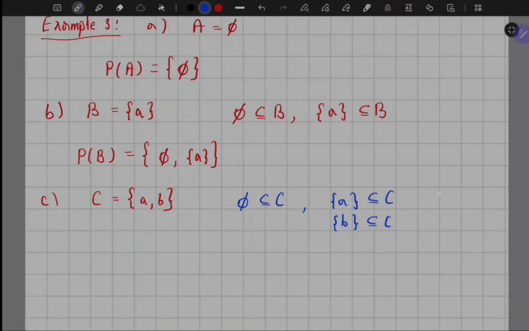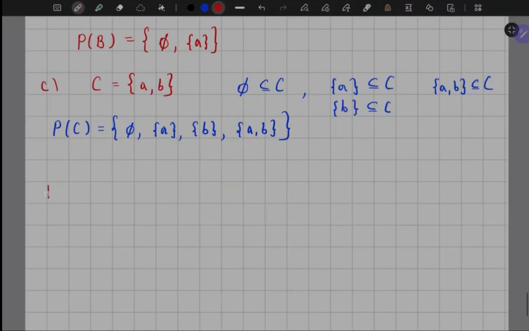Lastly, we know that the set {A, B} is a subset of C. So, finally, we'll have P of C, which contains the empty set, the set {A}, the set {B}, and the set {A, B}. So our P of C has 4 elements.